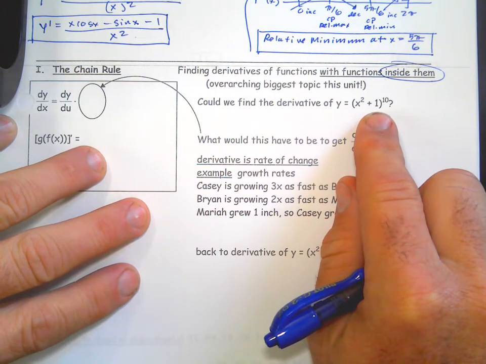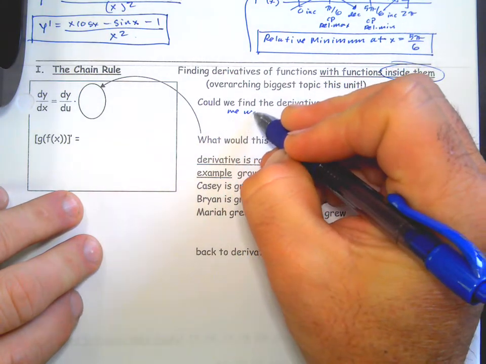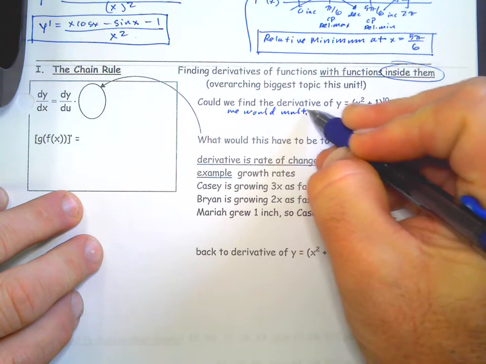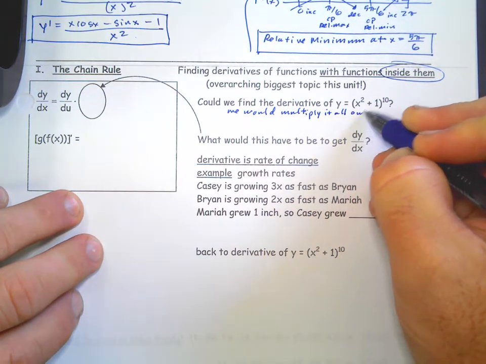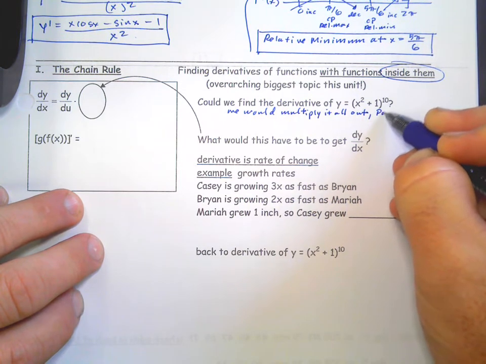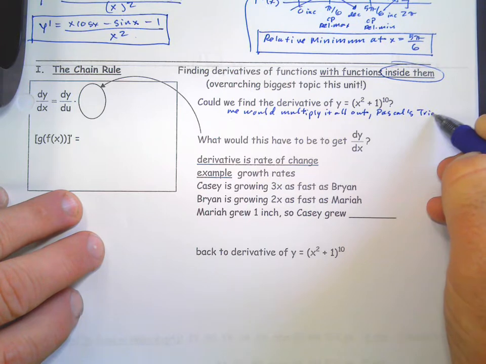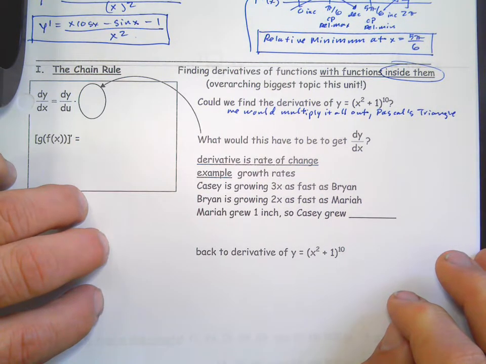Right now, we would have to multiply it all out, which means we'd probably want to use something like Pascal's triangle, right? I mean, we could do it, but it would be a pain. It'd be a bit of work, right?